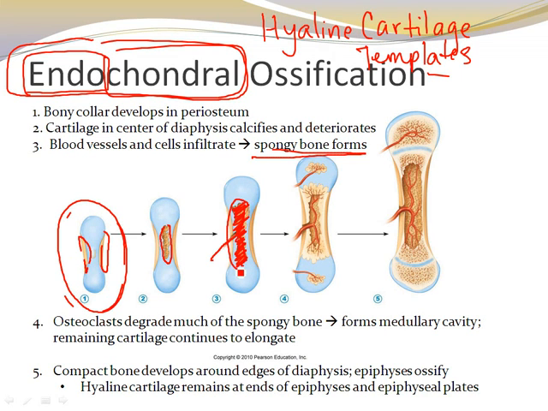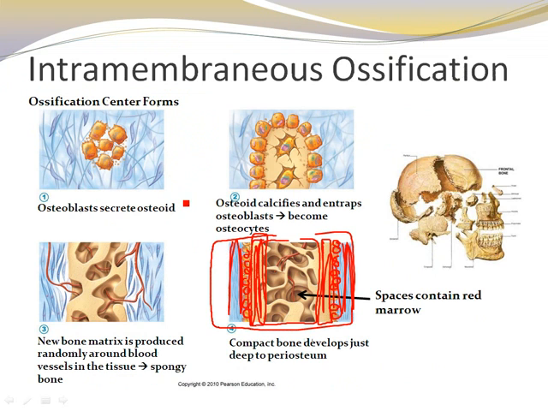This is called the primary ossification center, where the hyaline cartilage is first converting over to bony tissue. I should have pointed out over here as well, where you first have bony tissue starting to form during intramembranous ossification, that's also called an ossification center.